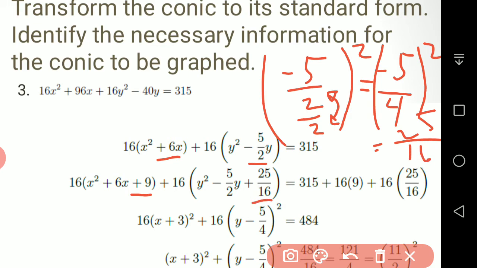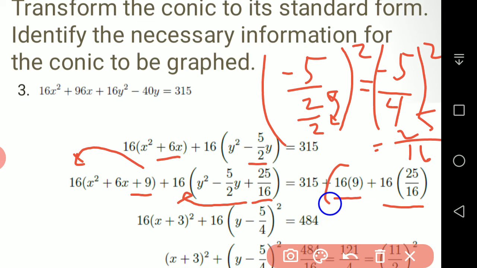That explains that. However, in this case, 9 has a factor of 16, and 25 over 16 also has a factor of 16. So we don't just add 9 there and add 25 over 16.